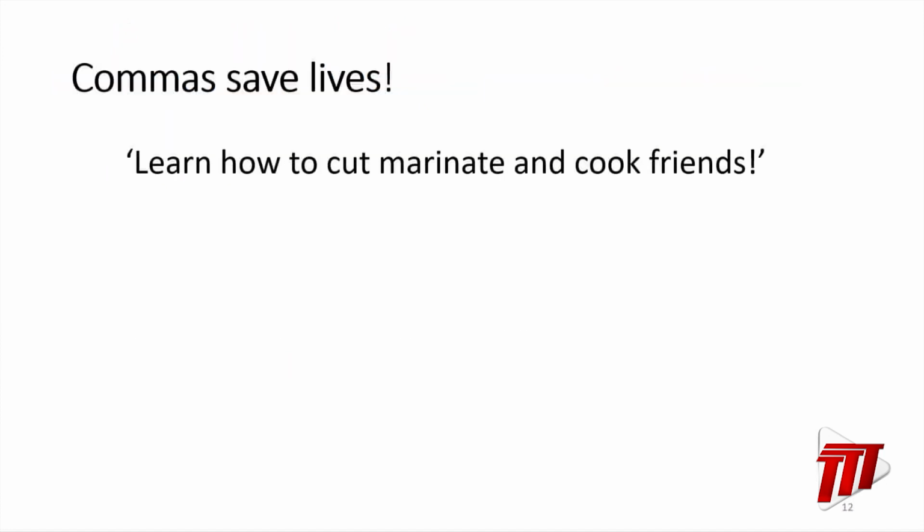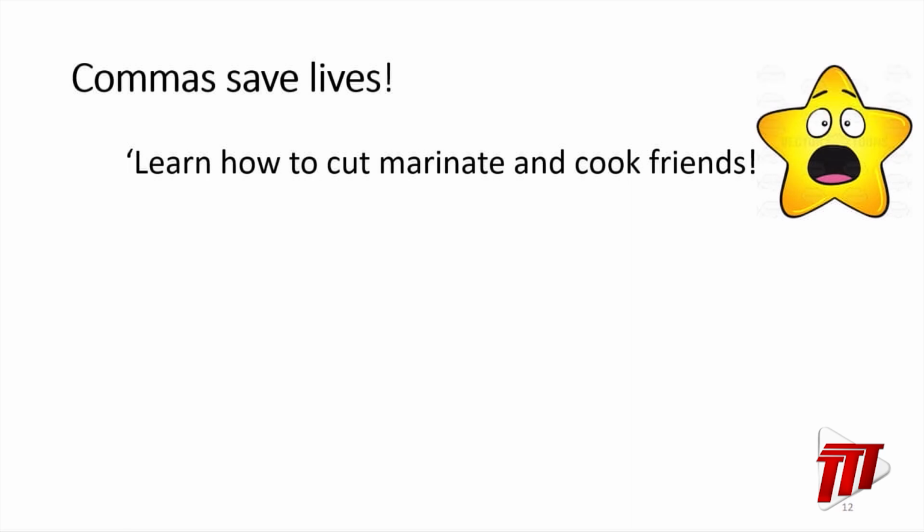Let's read this sentence. Learn how to cut, marinate, and cook friends. So are you going to cut, marinate, and cook your friends? I don't think so. Where do you think the commas are going? And, important also, what do you think is the rule behind using the commas? Because once you know the rule, you know exactly where to put your commas whenever you're writing.